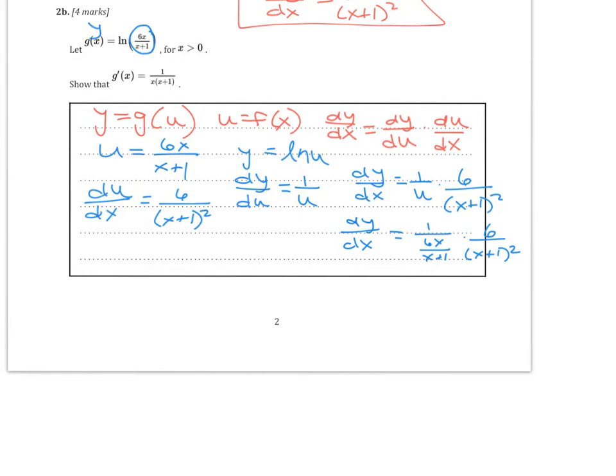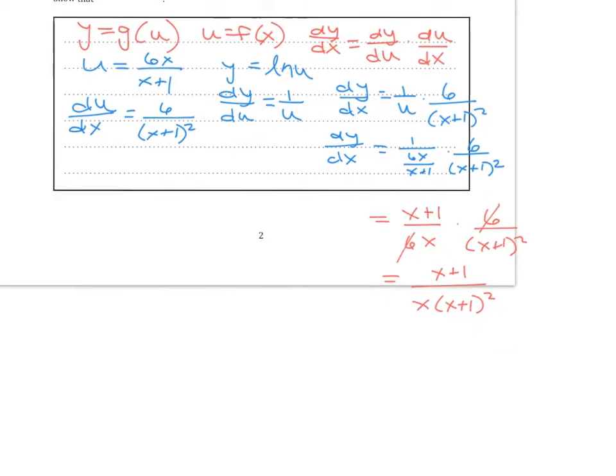So when I divide 1 by 6x over x plus 1, that essentially takes the reciprocal. Now, hopefully what you're noticing is that when you multiply straight across, you're going to be dividing 6 over 6. Since it's all multiplication, we can just cancel those. And so then that gives us x plus 1 over x times x plus 1 squared.